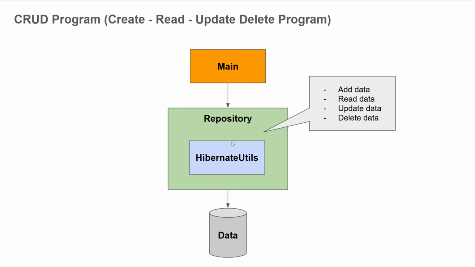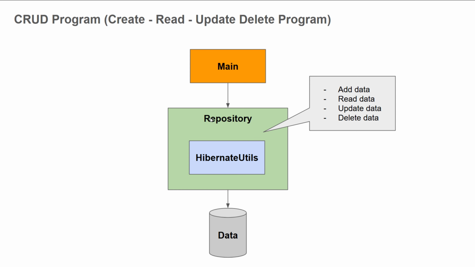We have the HibernateUtils. This class will be used for working with the database. All the code using Hibernate will be moved to this. And we also have a repository where we use the util of HibernateUtils to connect to the database and work with the database.